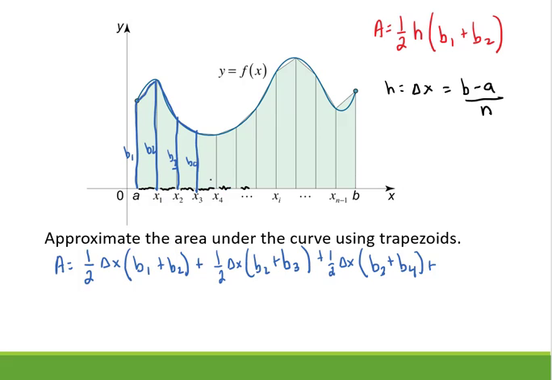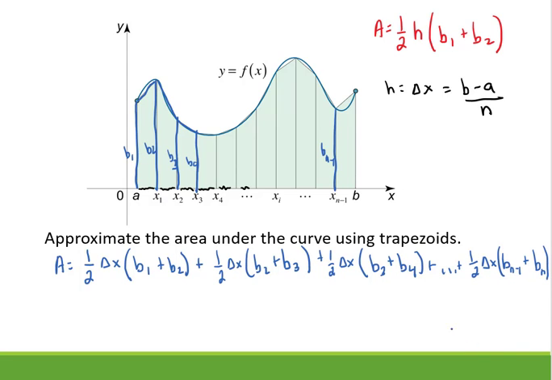And notice how, hopefully you realize, that all of these bases in the middle are going to double up. When I finally get here, I'm going to call this base sub n minus 1, because I don't know how many I have. Okay, so my last trapezoid is going to be 1/2 delta x, base sub n minus 1, plus my last base sub n.